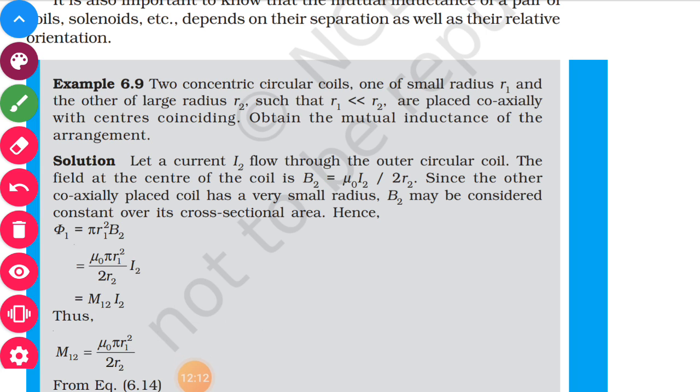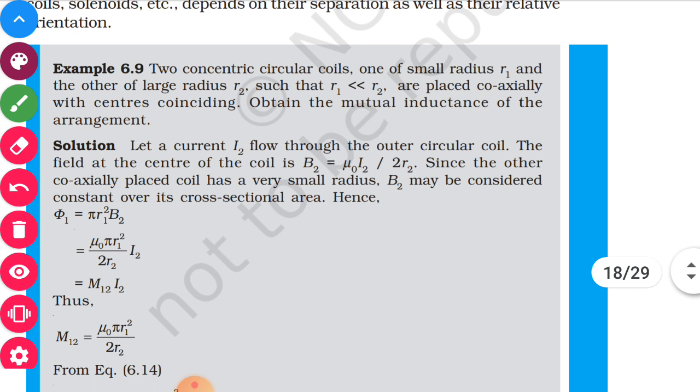Now example number 6.9. Two concentric circular coils, one of small radius r1, the other of large radius r2, where r1 is very much smaller than r2, are placed coaxially with centers coinciding. Obtain the mutual inductance of the arrangement. We want to find the mutual inductance of this system.